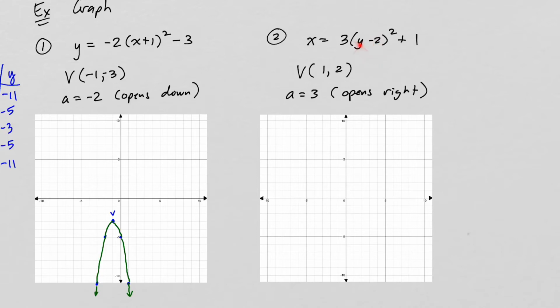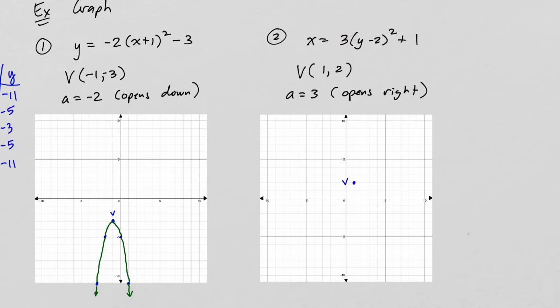That is the y coordinate of the vertex. So that goes here. Positive 1 then would be the x coordinate of the vertex. And so what we have here is (1, 2), which is this point. This is our vertex. It is going to open to the right because a is positive 3 here.